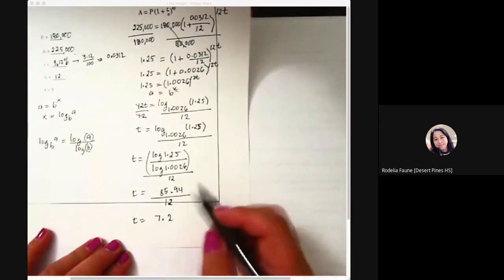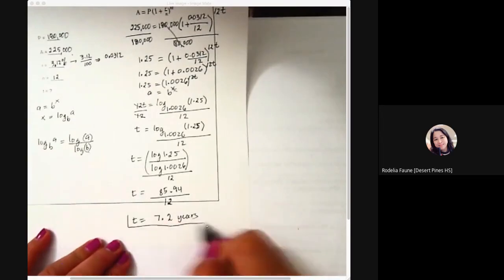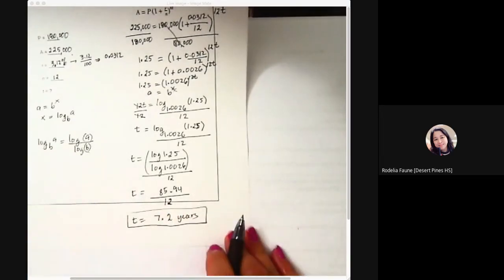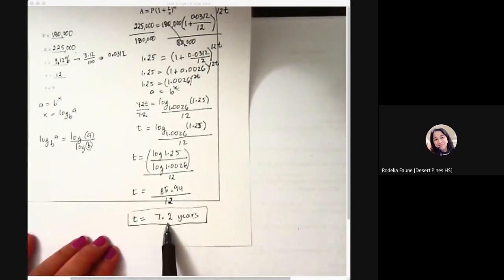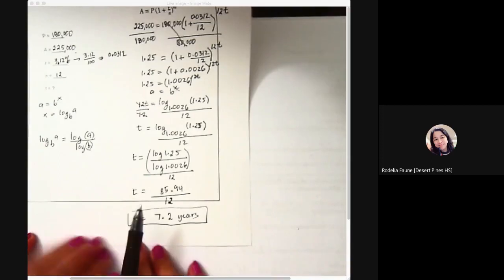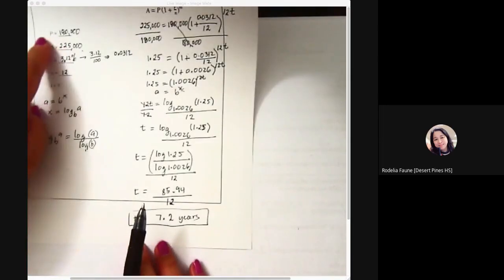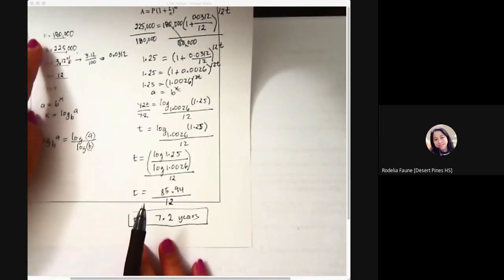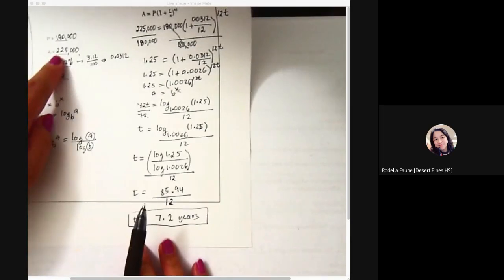So 7.2 years. Once again, how do we interpret the 7.2? It means that it will take approximately 7.2 years for 180,000 to grow to 225,000.